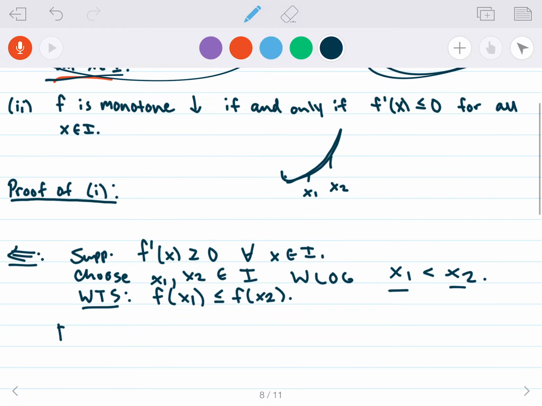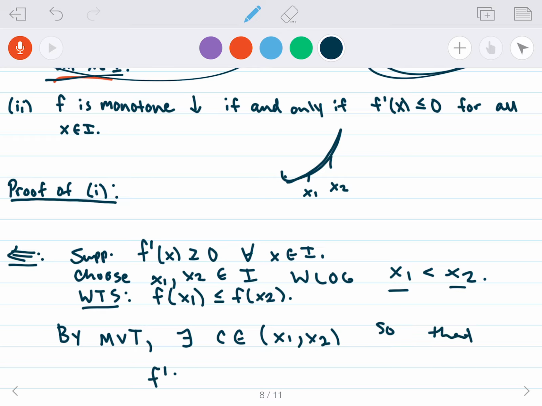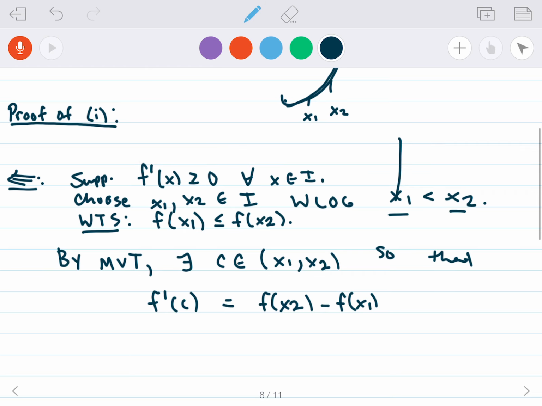Okay, so now we can apply our mean value theorem to finish the proof. So by our mean value theorem, there exists some c in this interval from x1 to x2, so that f prime of c is going to be the difference between f of x2 minus f of x1 all over x2 minus x1.